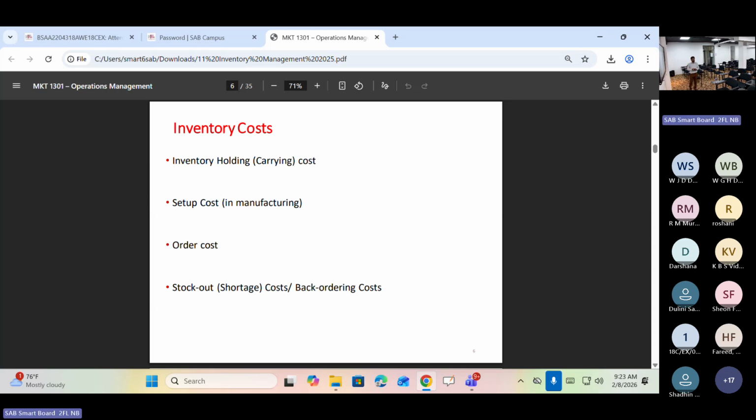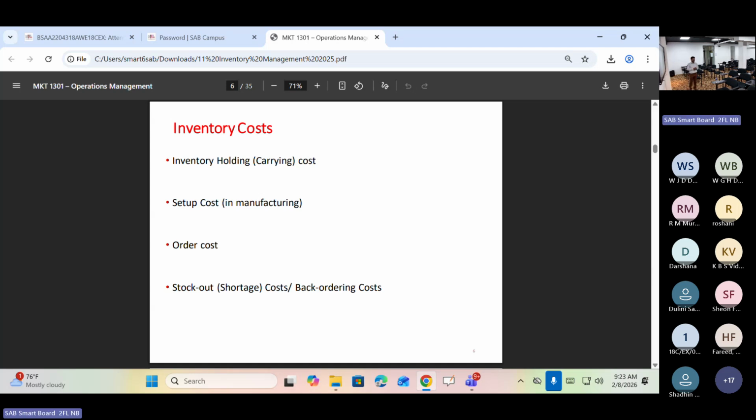That also involves some costs, like customers maybe not willing to accept delayed orders, or even if they agree, next time they will not come to us.